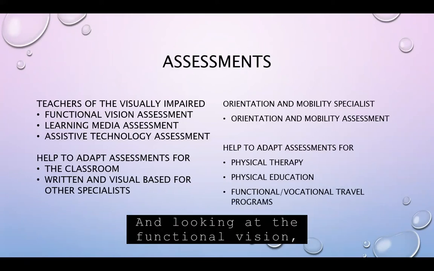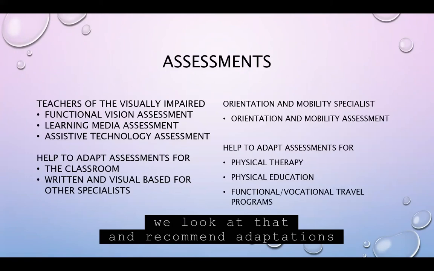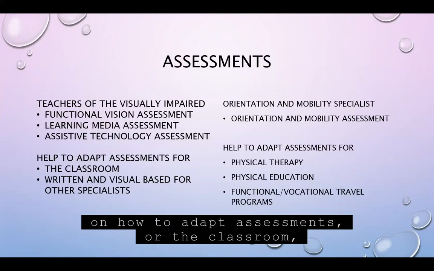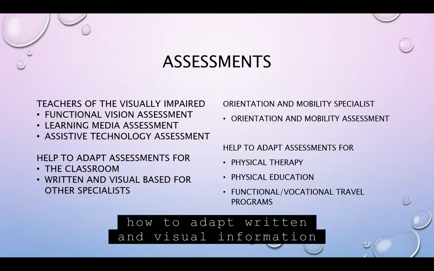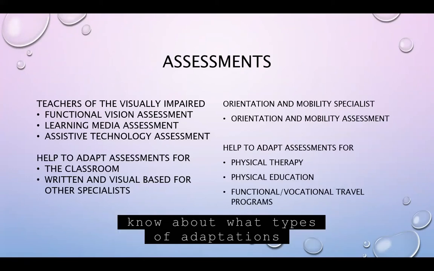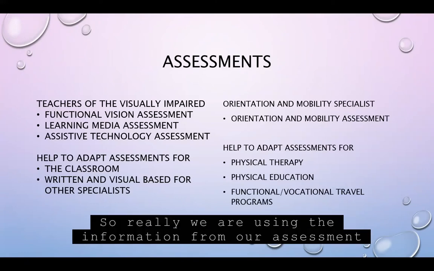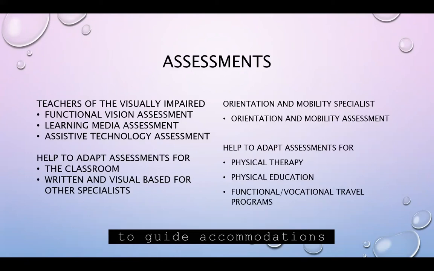Looking at the functional vision, learning media, and assistive technology, we recommend adaptations on how to adapt assessments for the classroom, and how to adapt written and visual information so that other specialists can know what types of adaptations our students need to be able to access what it is that they're trying to do. So really we are using the information from our assessments to guide accommodations and access for our students.